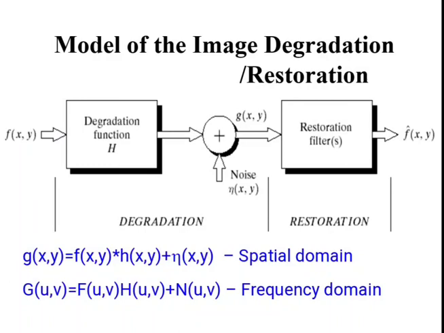We want the estimate to be as close as possible to the original input image, and in general the more we know about h and eta, the closer f cap(x,y) will be to f(x,y). The restoration approach used throughout this chapter is based on various types of image restoration filters.